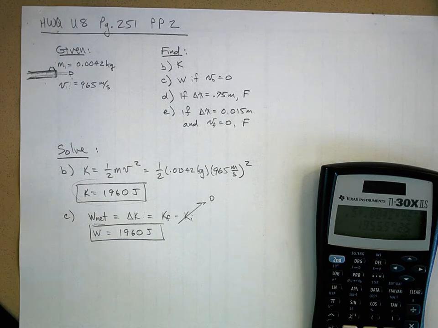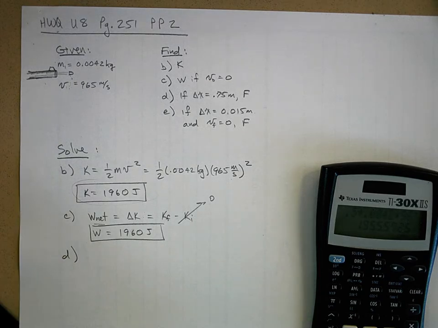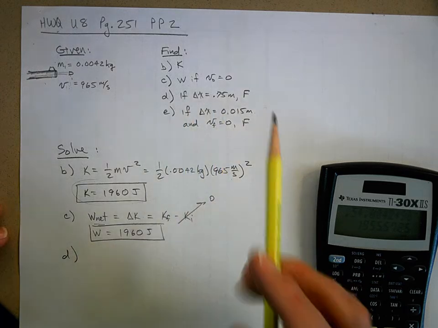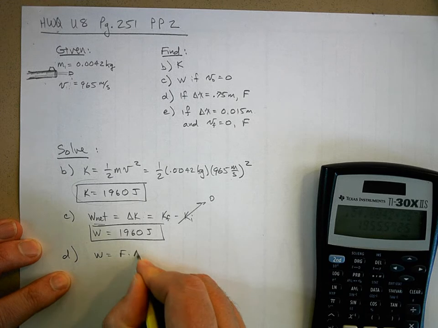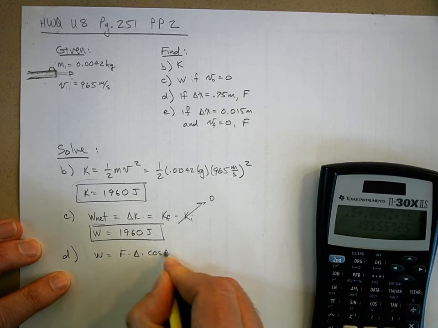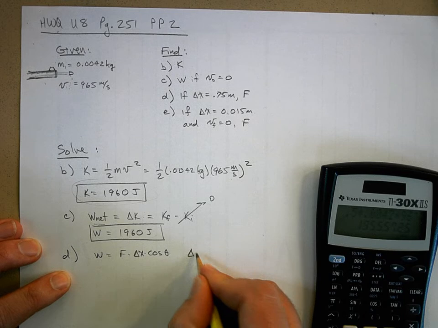That makes sense to everybody? I mean, the bullet has this much energy. What gave it that much energy? The work done by the rifle. Part D. Well, if delta x equals 0.75, this is the work equals force times displacement times the cosine of the angle between the force and the displacement. So we know what work was done, so now we just need to solve for delta x.